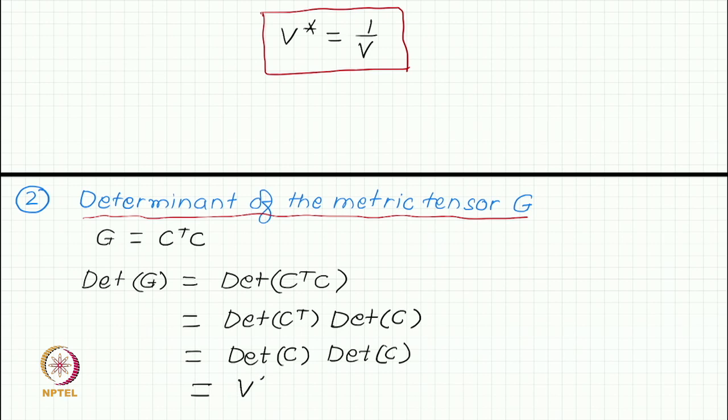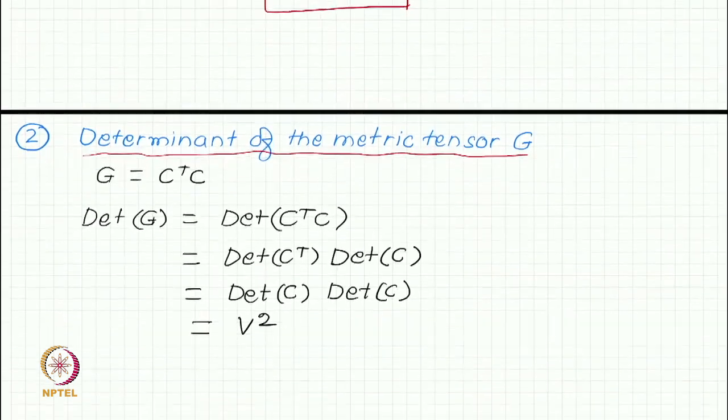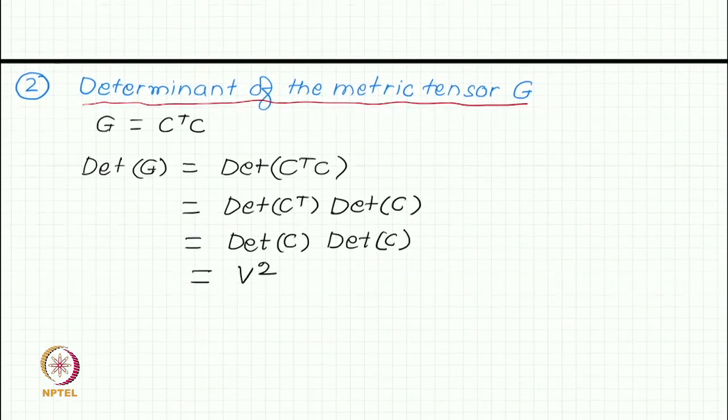So, this quantity becomes V square. So, another interesting result, that determinant of the metric tensor is nothing but square of the volume of the unit cell.